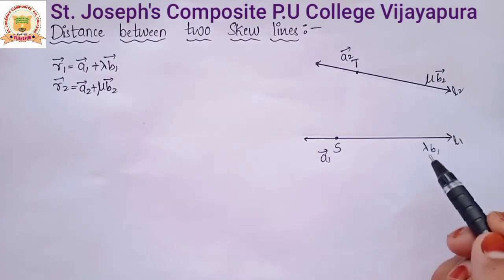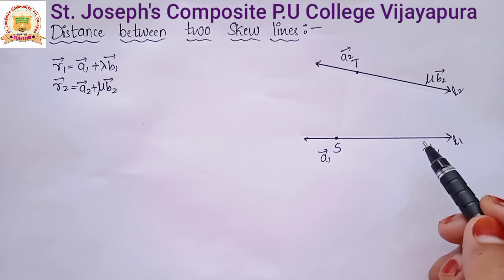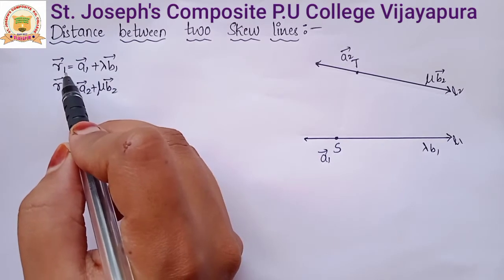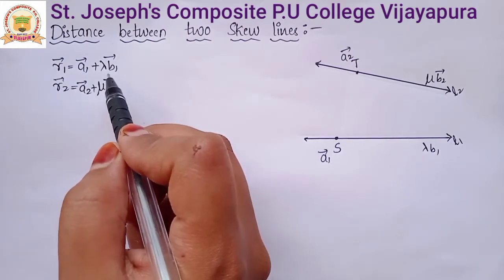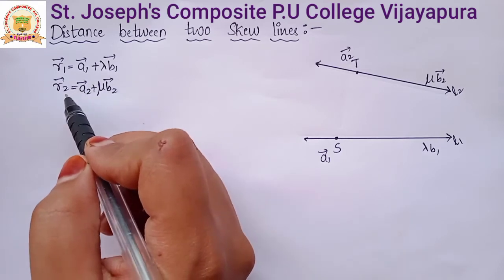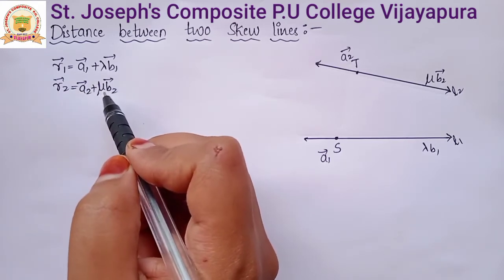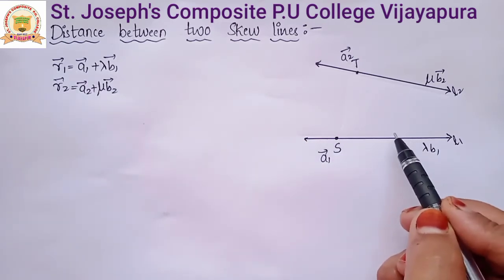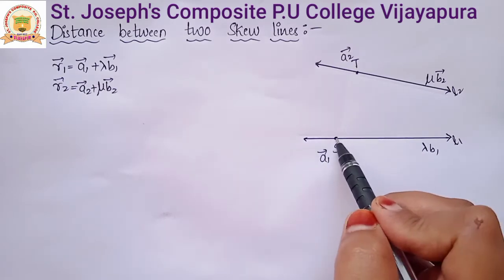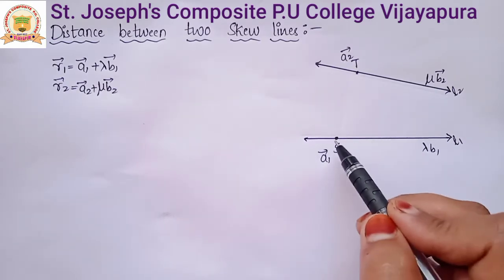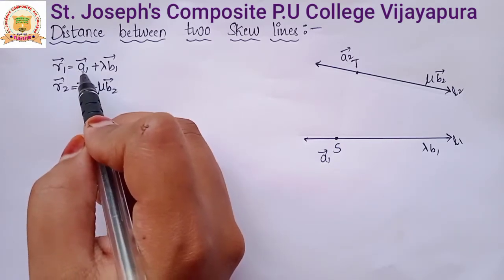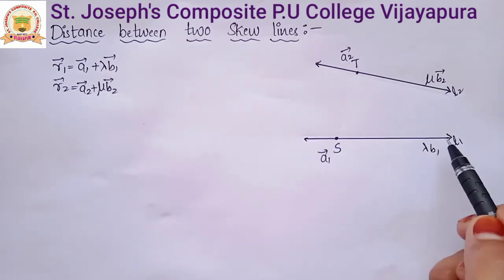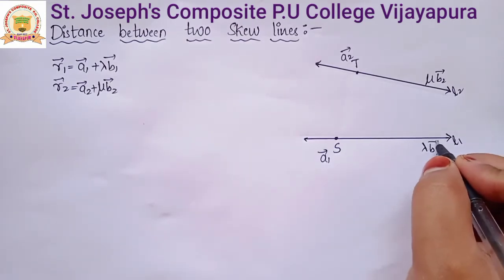Let L1 and L2 be two skew lines with equations given as r1 vector is equal to a1 plus lambda b1 vector and r2 vector is equal to a2 plus mu b2 vector, where in the equation of the first line, the point S on the line L1 has position vector a1, and this line is parallel to the vector b1, so its line vector becomes lambda b1.